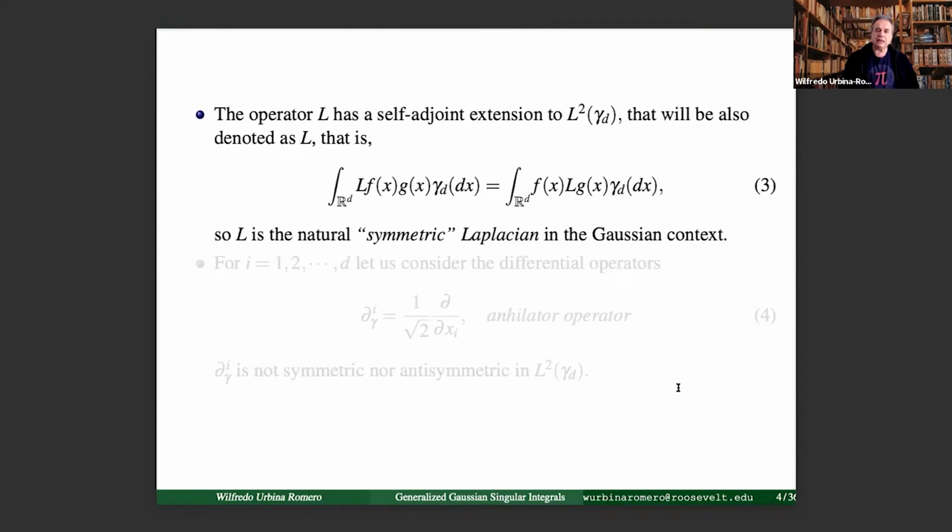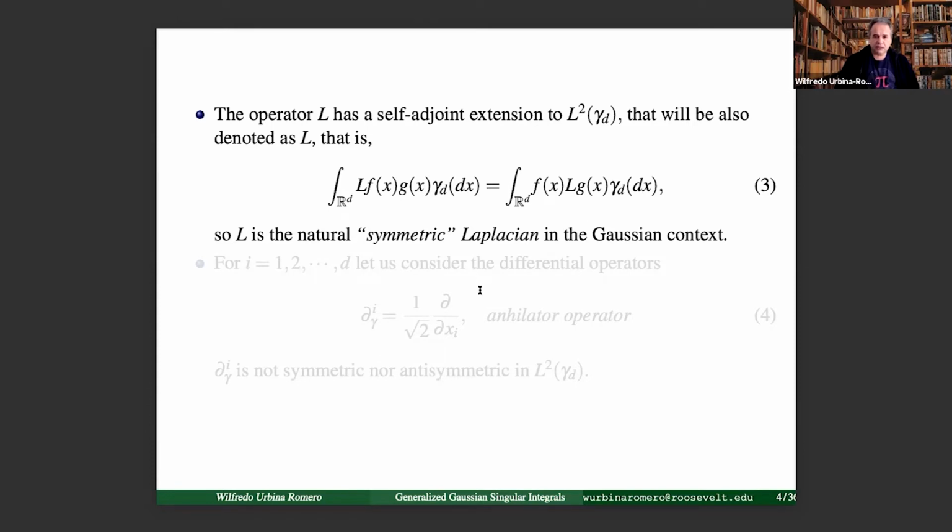And then the link is that the Gaussian measure, the usual Gaussian measure, the Ornstein-Uhlenbeck operator is self-adjoint in L2 of the Gaussian measure. So this is the symmetric Laplacian in this world.